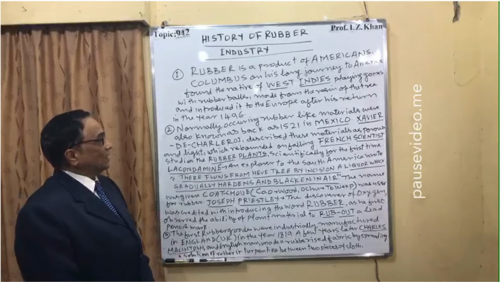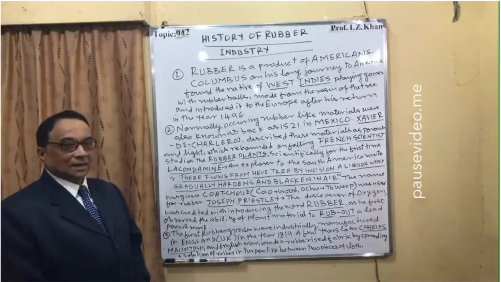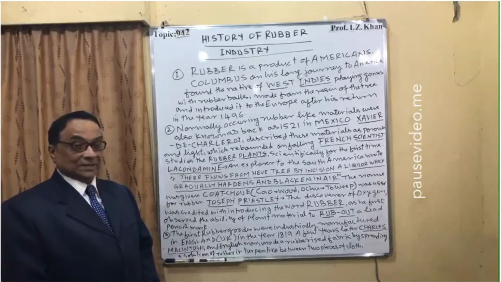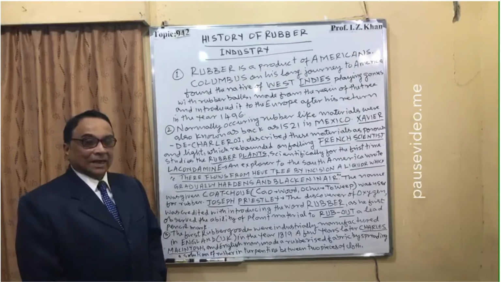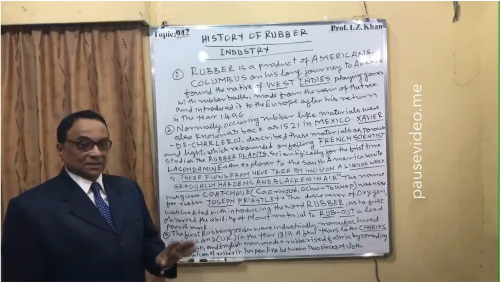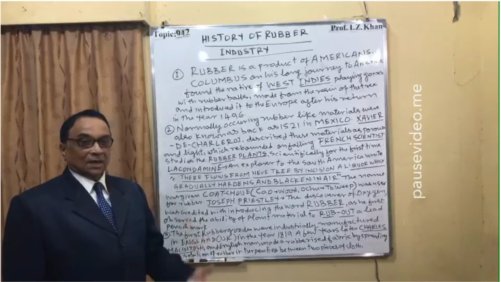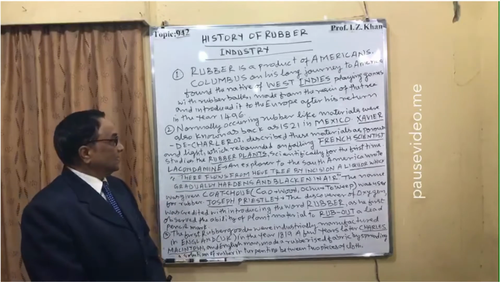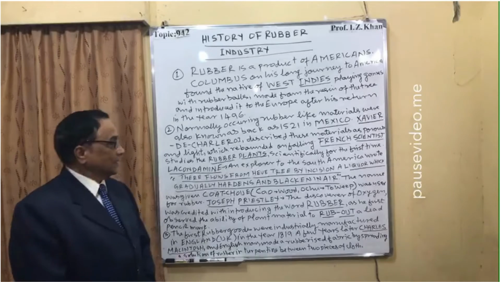So actually it was Xavier de Charroy who gave the first physical property: once it is falling on the ground, it has elastic property, plasticity, it will rebound to the upper side, and that's why it has a rebounding property.